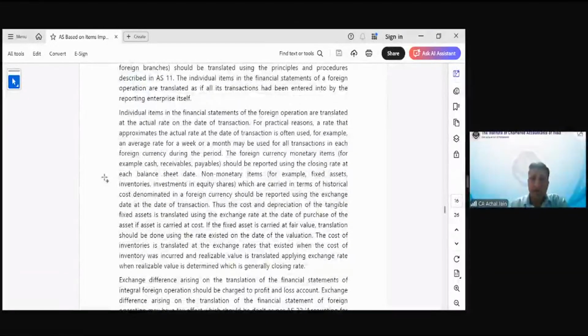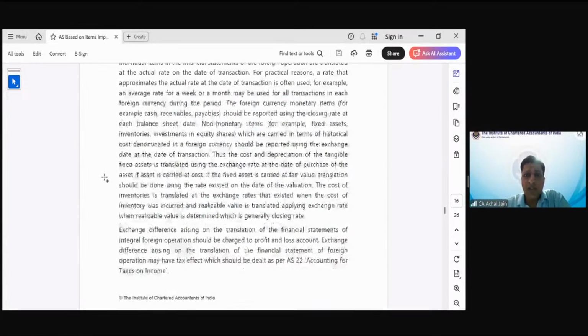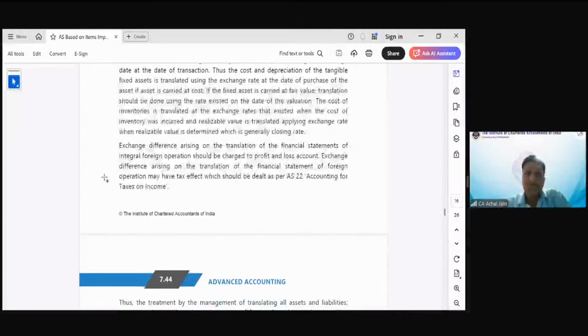Then of course, a lot of principles have been explained, so I'm just skipping this second para. Exchange difference arising on translation of financial statements of integral foreign operation should be charged to P&L. That is what we discussed, that whenever you translate something, you take the impact to P&L.